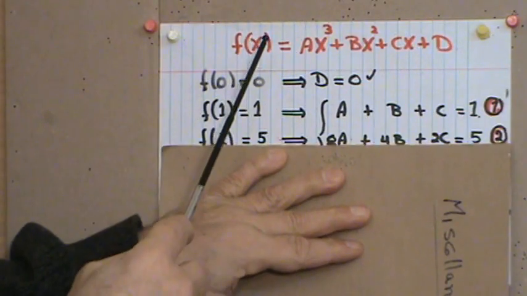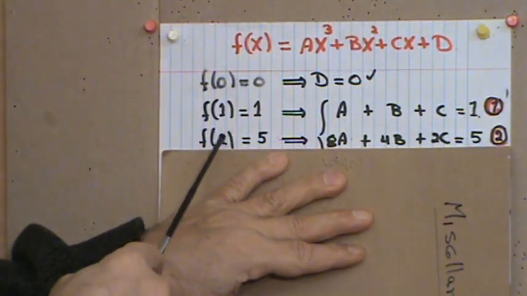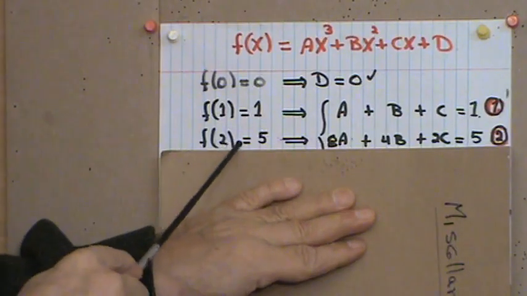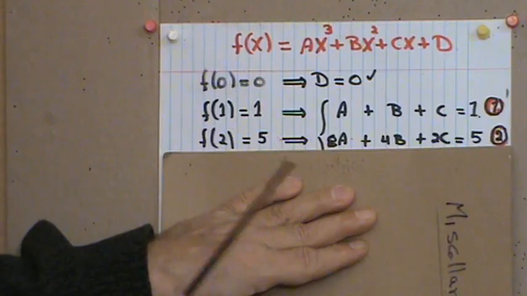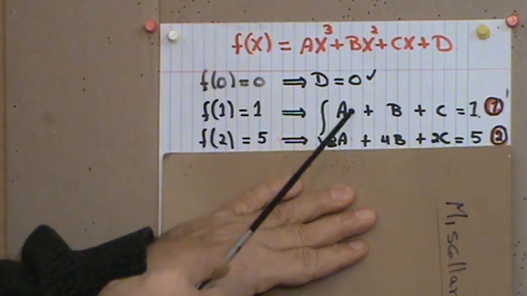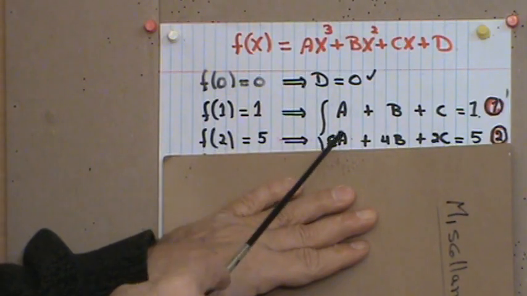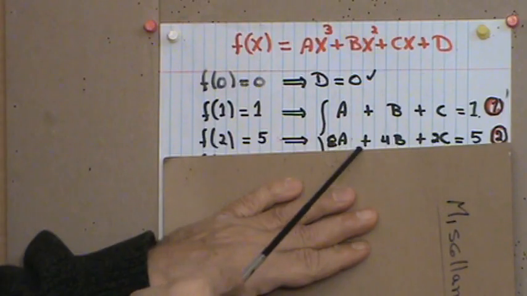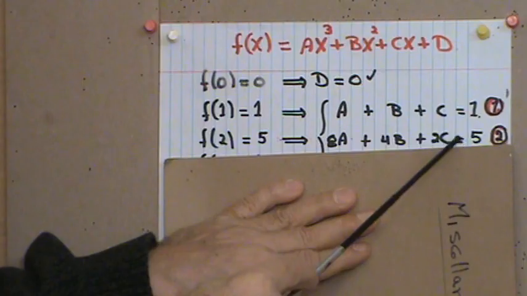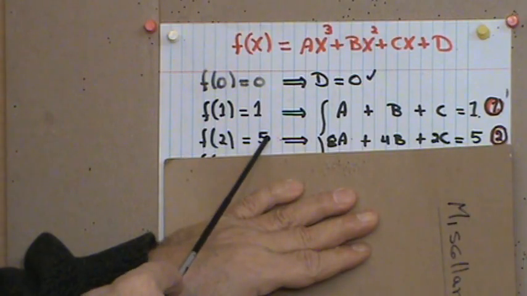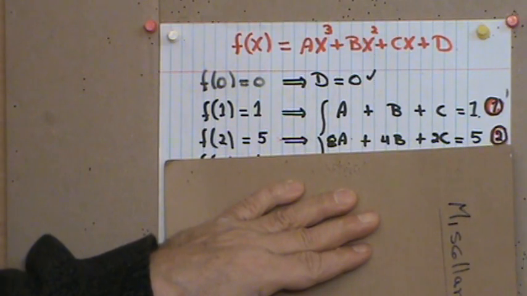Now, the second one: when the input was 2, the output was 5 from the data that I took previously. So I put 2 for x, I get 8a plus 4b plus 2c equals the output, which is 5. That is my second equation.